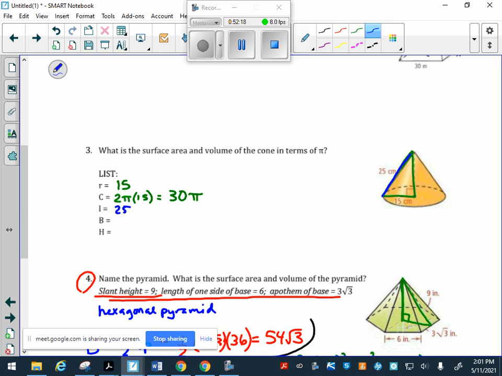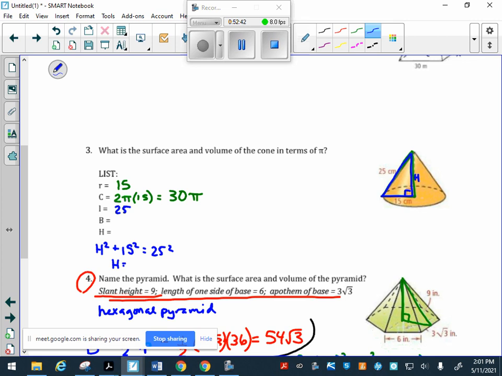Right here, right? The height is missing, and it completes this right triangle. So for height, we're going to need to do h squared plus 15 squared equals 25 squared.